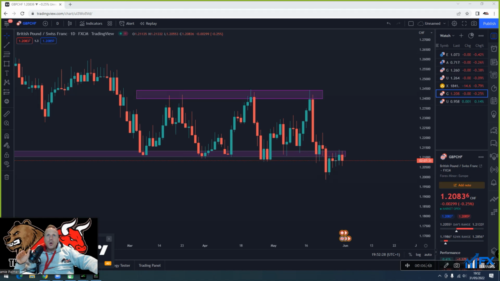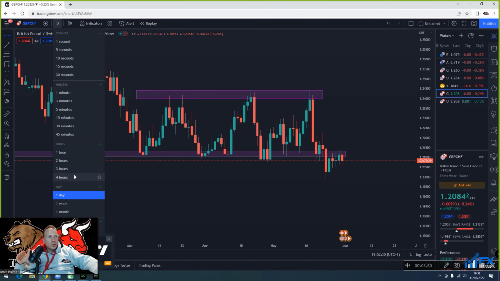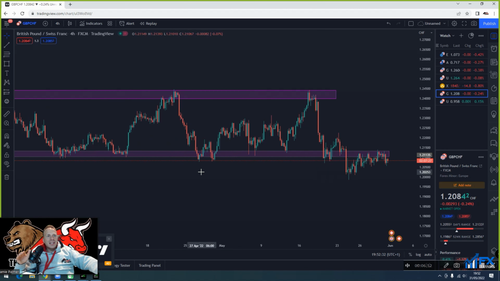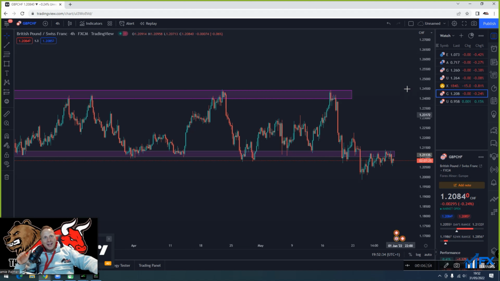And if we actually go over to the 4-hour now, you can see exactly what I see. You can see this nice little trend down like that, pull back, trend down. See that? So you can start to see now, once you filter out all the noise and you go between time frames, it all starts to make sense.